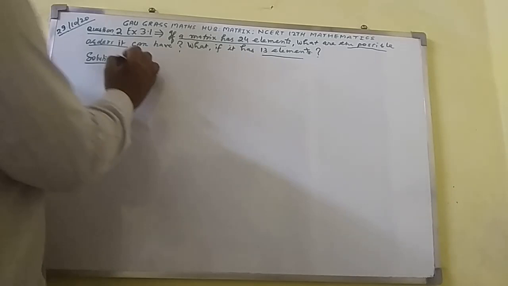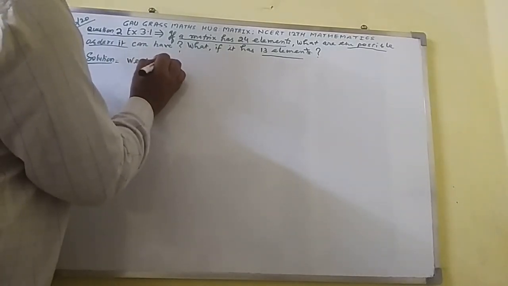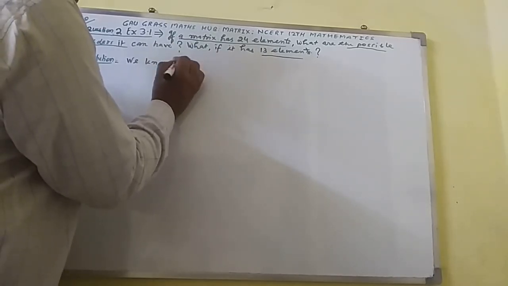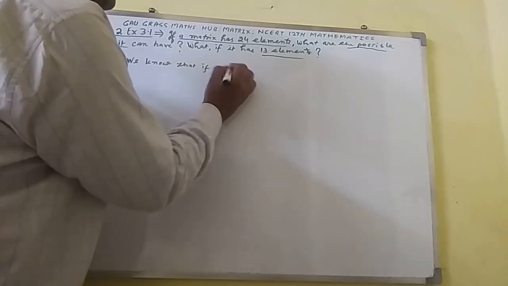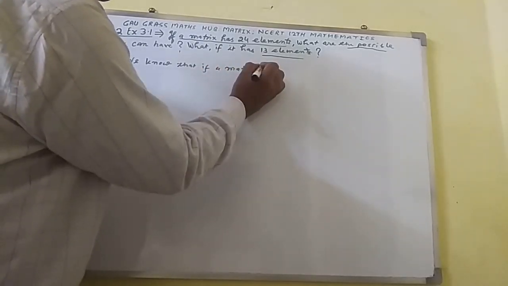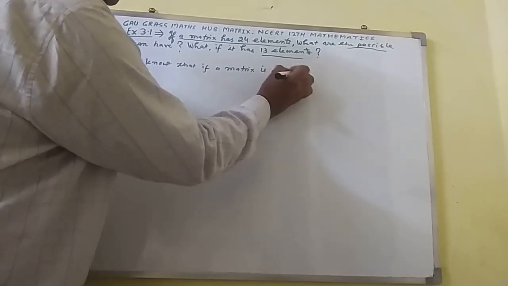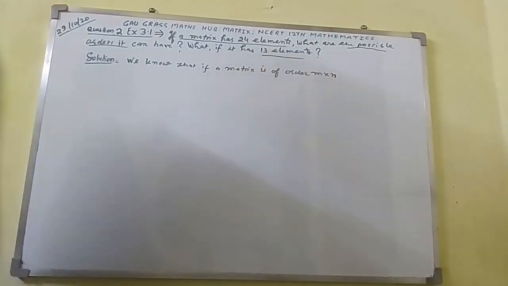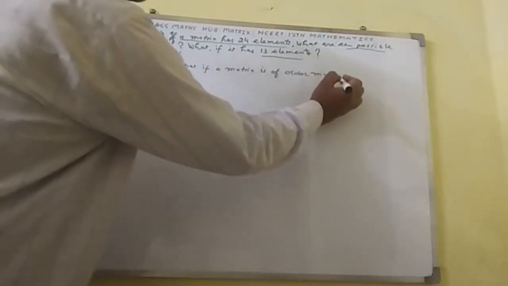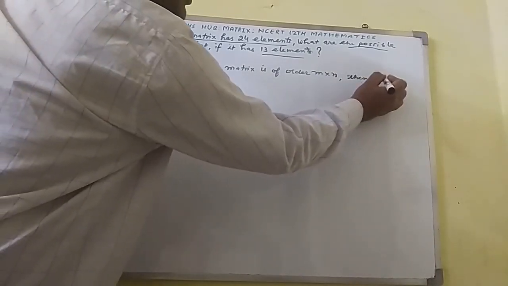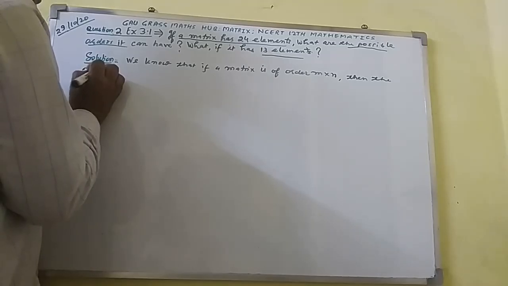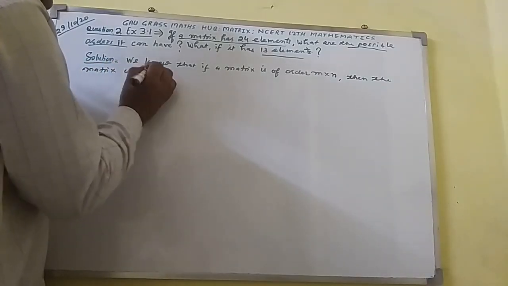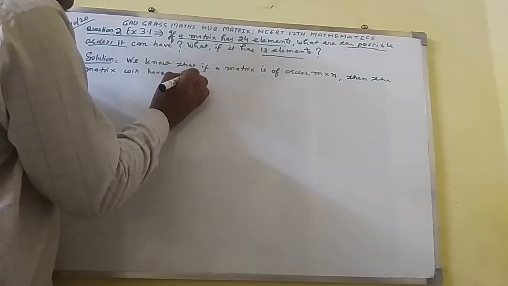So here I shall write 24. We know that if a matrix is of order m cross n, then the matrix will have mn elements.